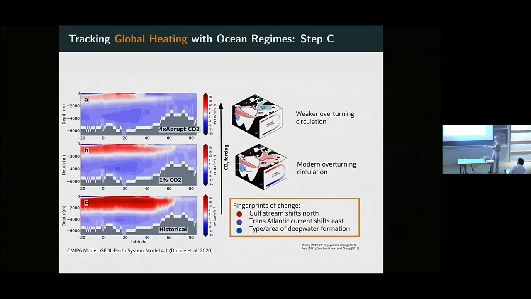Right. So just moving on to step C here, where we're actually going to be applying this in a climate context. I decided to include this because we have a climate theme.